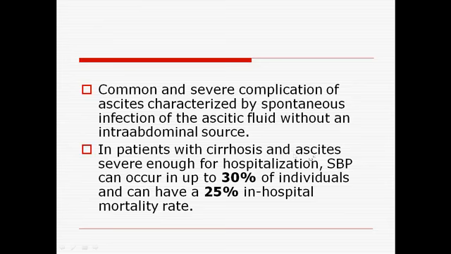In patients with cirrhosis and ascites severe enough for hospitalization, spontaneous bacterial peritonitis can occur in up to 30% of individuals and can have a 25% in-hospital mortality rate. So it is very important. We have to keep in mind the development of spontaneous bacterial peritonitis. It's a very grave condition for a CLD patient.